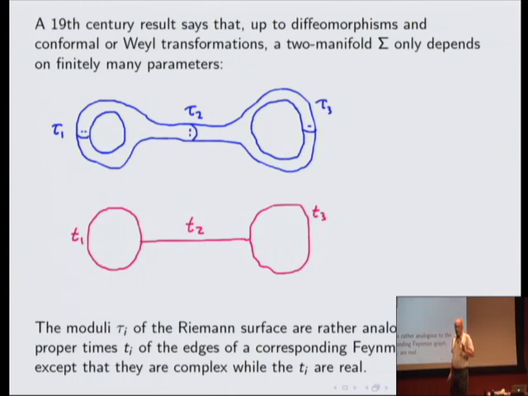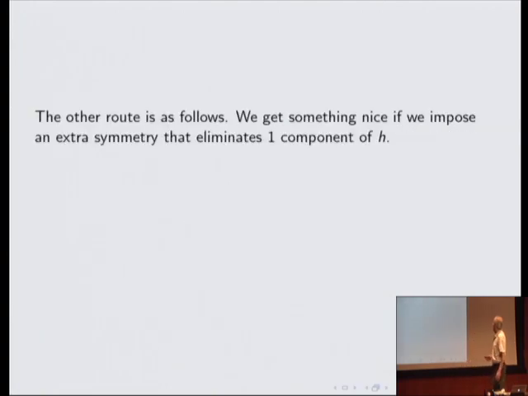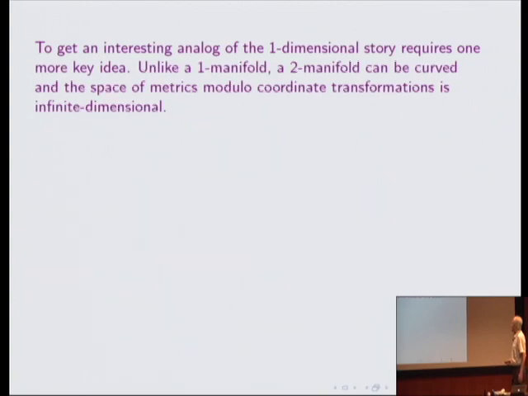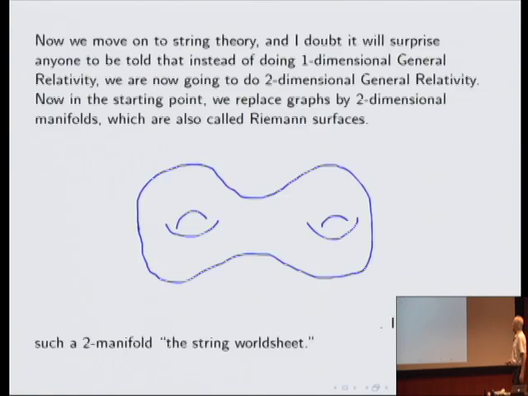But that gives a good intuitive interpretation of what a string diagram looks like, but only in one limit. To make that point, I'm going to go back to a previous picture. Here, we had a string world sheet with 2 handles. And it doesn't particularly look like that Feynman diagram with a long line and 2 ears.